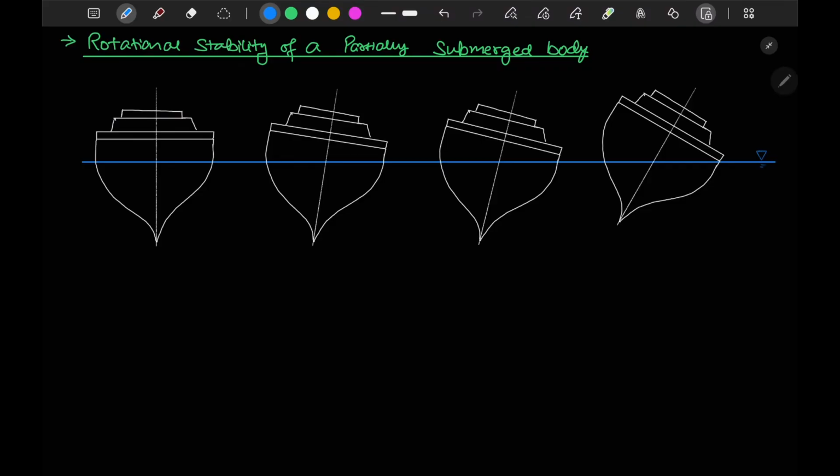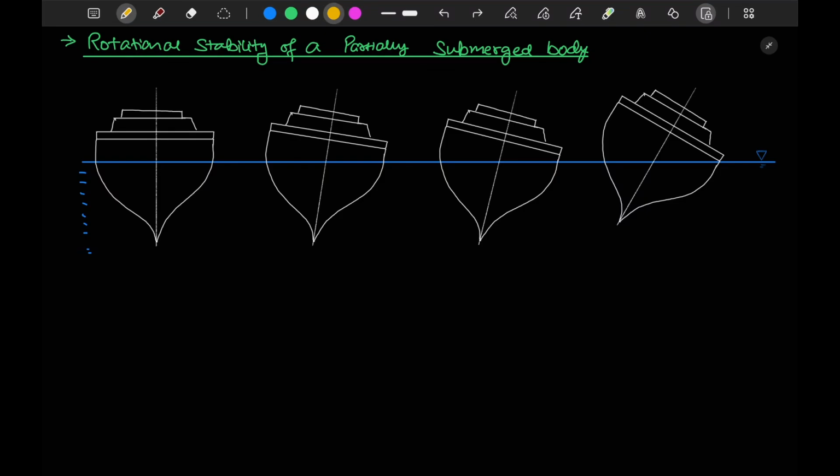There are a few points I would like to mention here. There is a water level here, and the ship hull is in water. Now I will point out the center of buoyancy and center of gravity. Let's say your center of buoyancy is at this point.